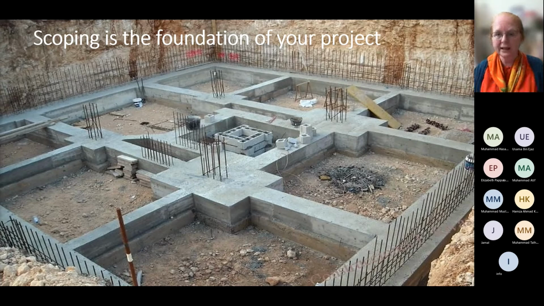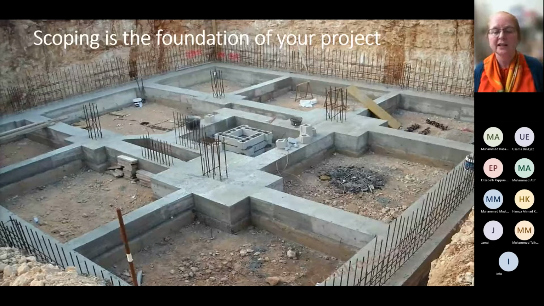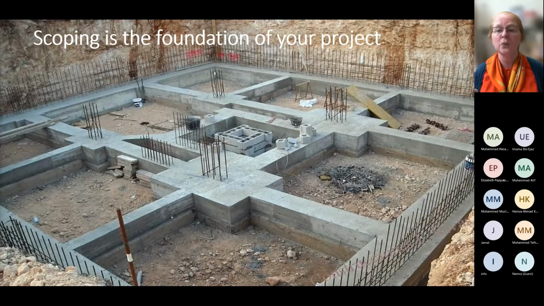It might go badly off the rails, it might only go a little bit off the rails. But if the foundation, i.e., the scoping, is wrong, it will go off the rails. So we really do need to stay very aware of it.